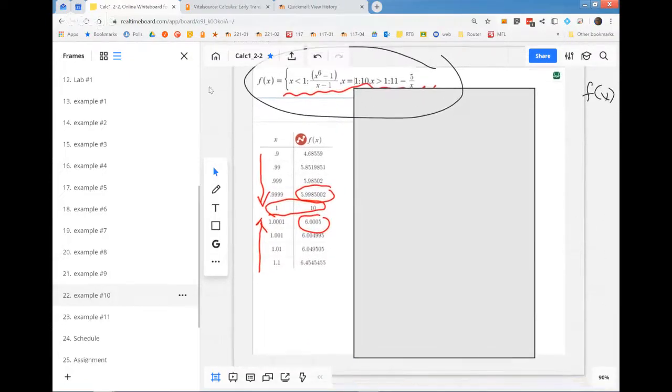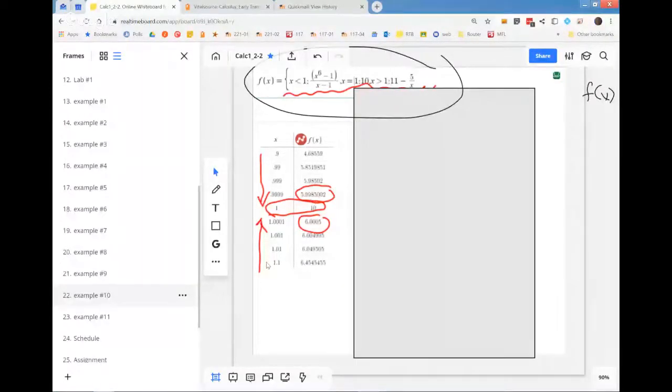Okay, so this is a piecewise function. The question is, what's going to happen as x approaches 1? Well, as x gets closer and closer to 1, you see how it looks like we're getting closer to 6, 5.998.